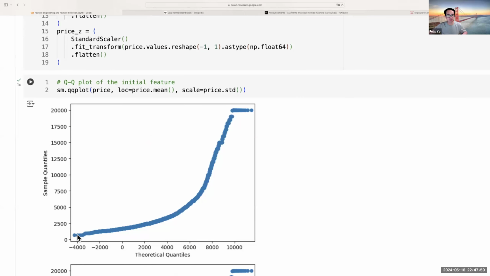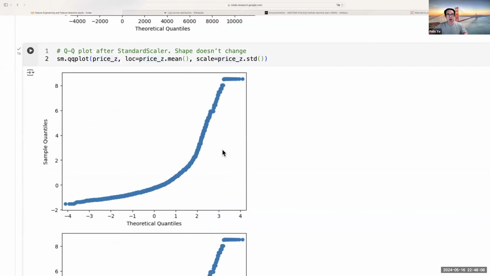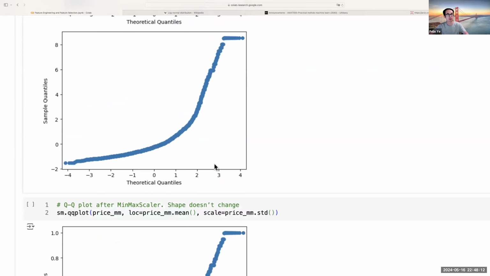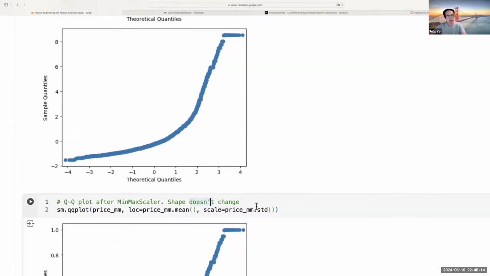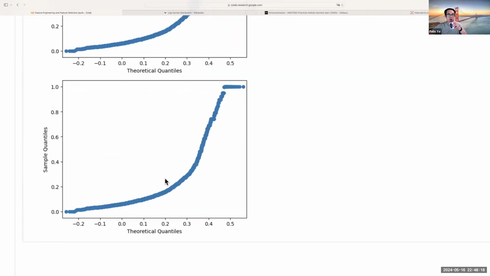So as you can see from the QQ plot, this is not a diagonal plot, and that indicates this is not sampled from some Gaussian distribution. However, you can do all these kinds of things, it just won't work.